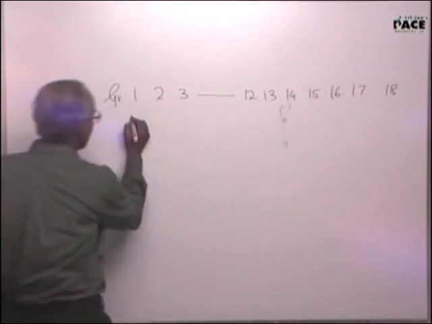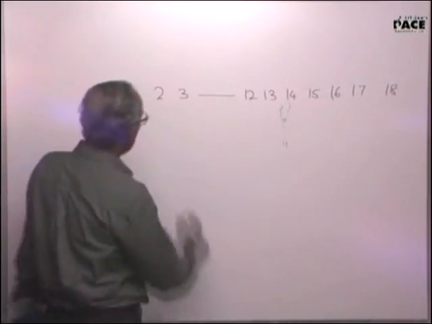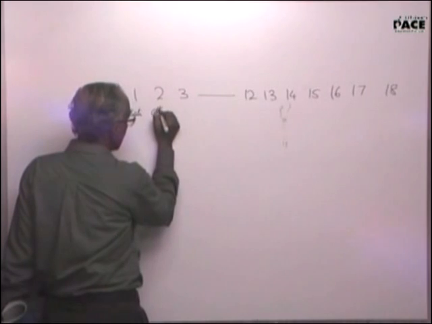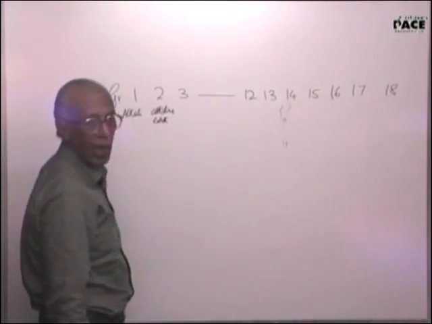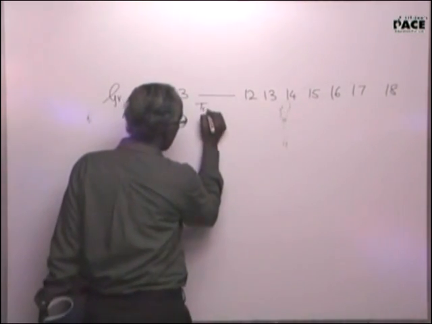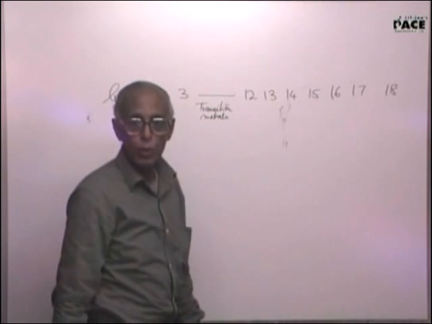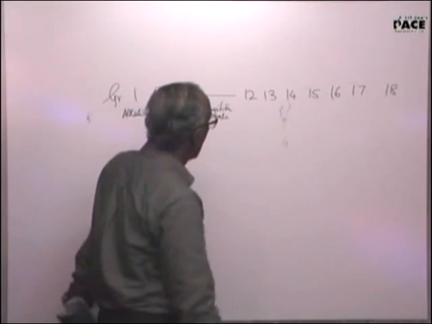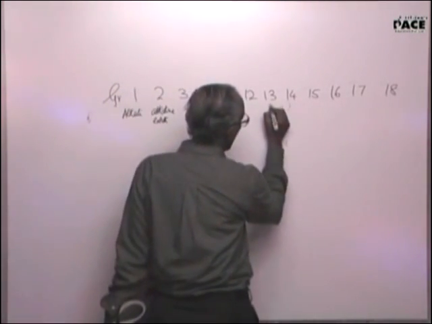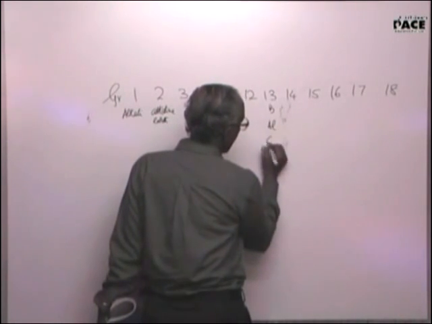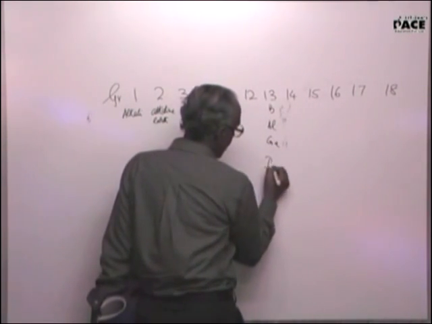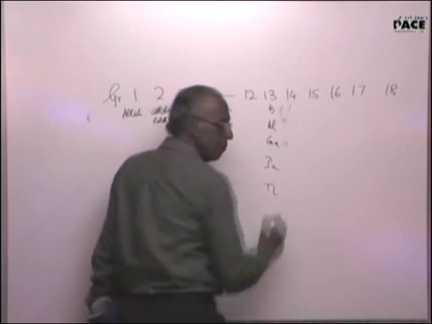Group 1 represents the alkali metals, group 2 the alkaline earth metals, and groups 3 to 12 include the transition metals. Group 13 has boron, aluminium, gallium, indium and thallium.